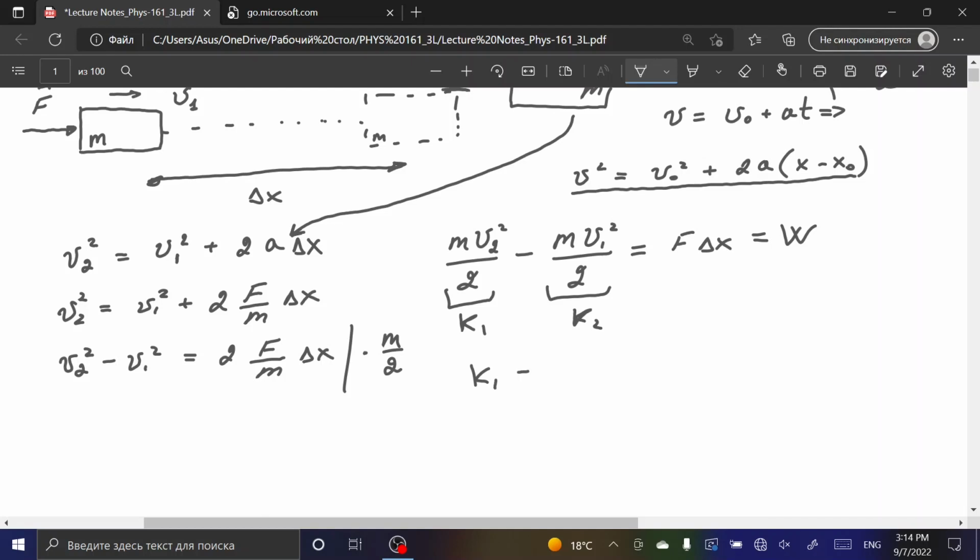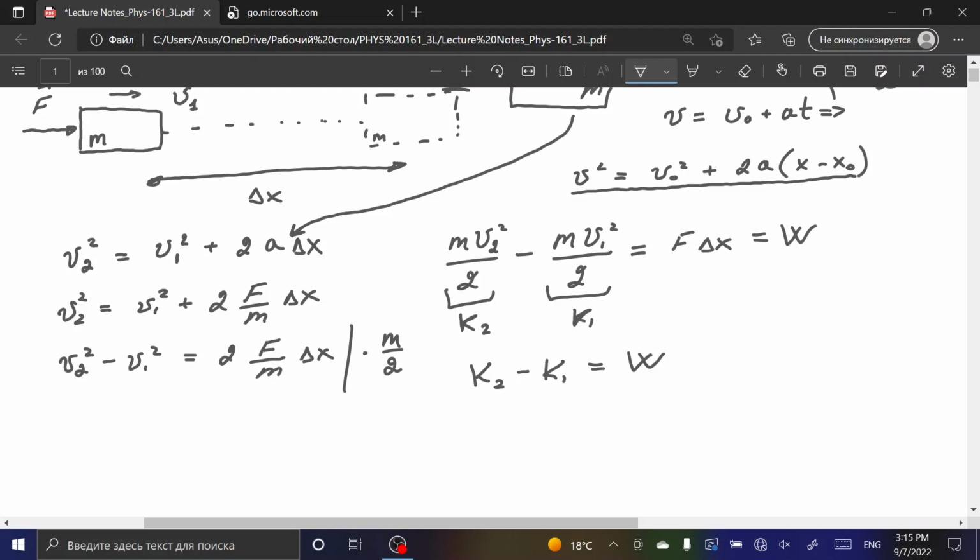So K2, and this is K1. K2 minus K1 is equal to the mechanical work done on the system by some external force. So this is the so-called kinetic energy work theorem.